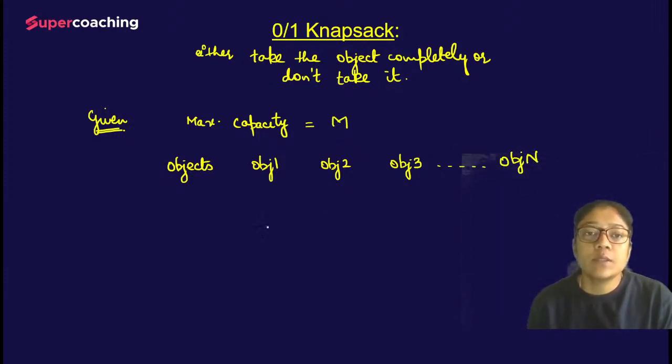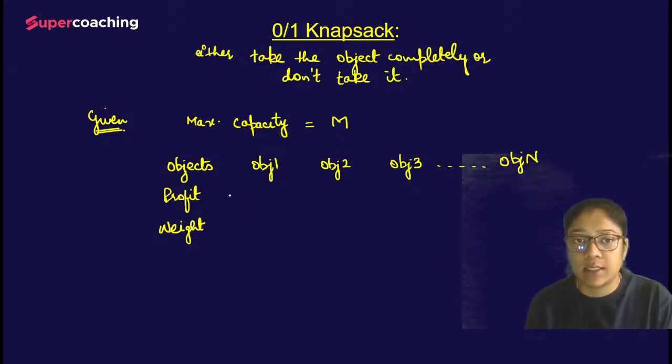Apart from that, corresponding to each and every object, you will be given the profit and weight. Profit tells you that if the object is taken, how much profit it will be getting. Weight gives you the idea of the size of the object that you are going to take.